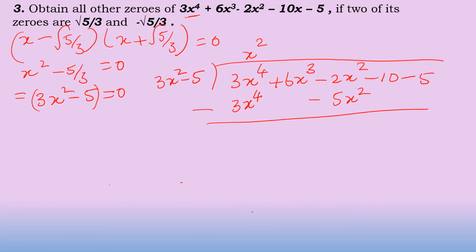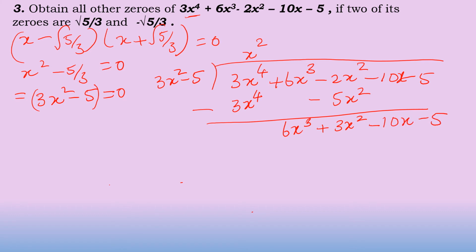Now when you subtract, you get 3x to the power of 4 minus 3x to the power of 4 is 0. Bring down the x cube term. 6x cube minus 2x square minus 5x square will be plus 3x square minus 10x minus 10x minus 5.